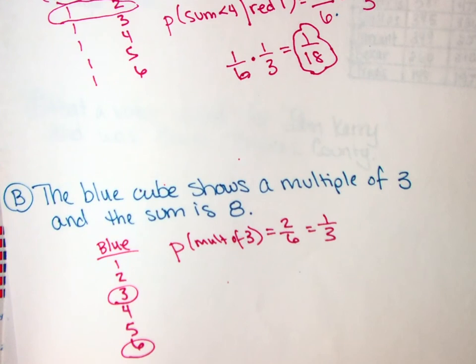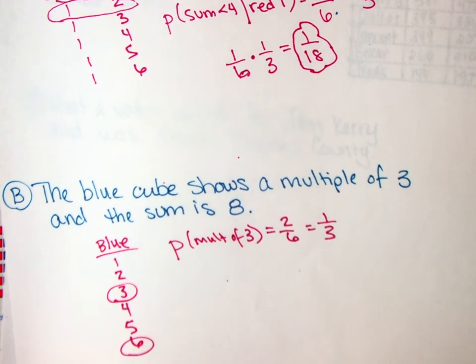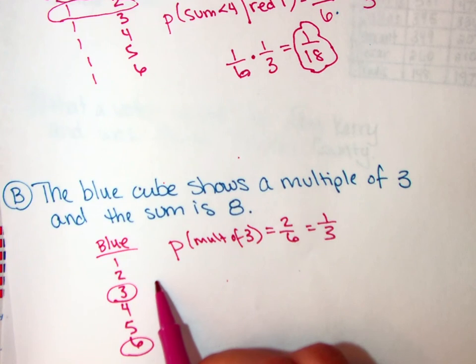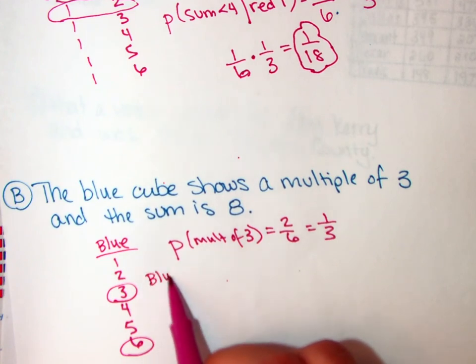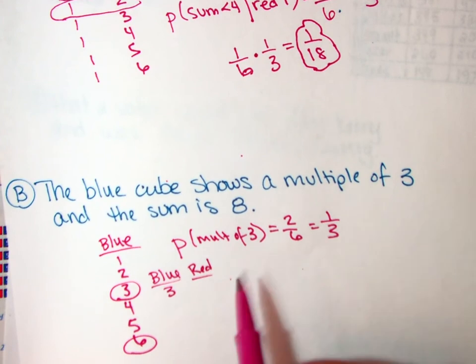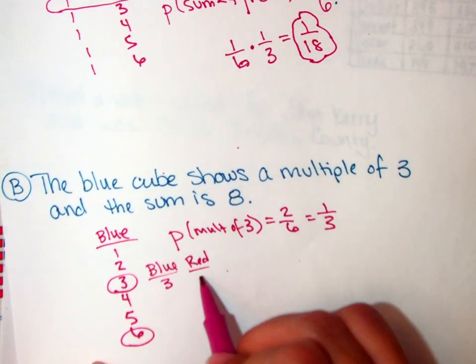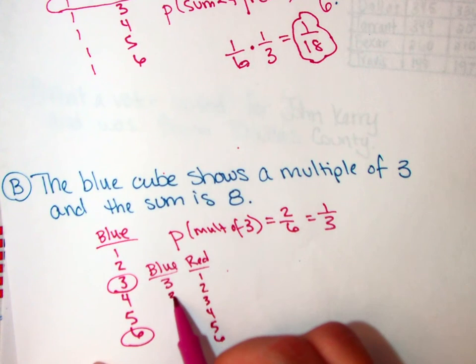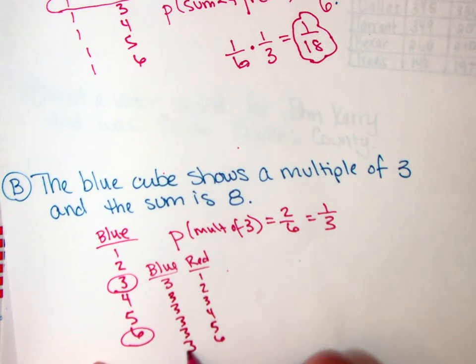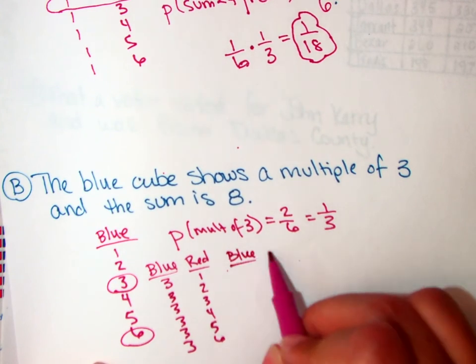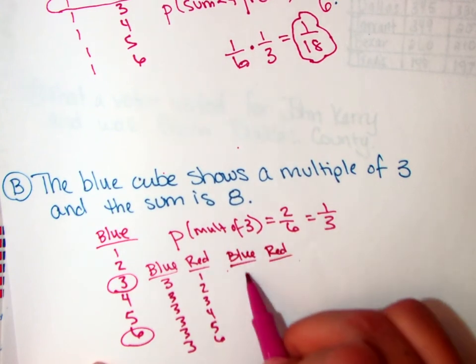Now, I want the sum that is 8. So if I rolled the blue 3, I'm going to make a little chart over here. What are the choices for my red? Again, I have 1, 2, 3, 4, 5, 6, for blue 3, and I also have the blue 6 with its options, so my blue and my red.